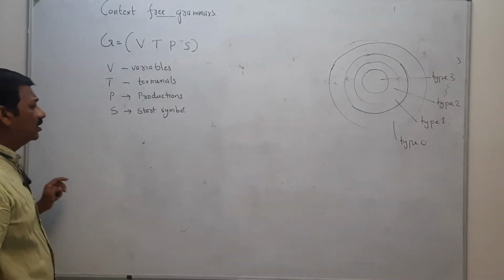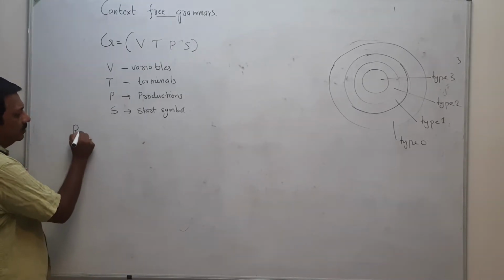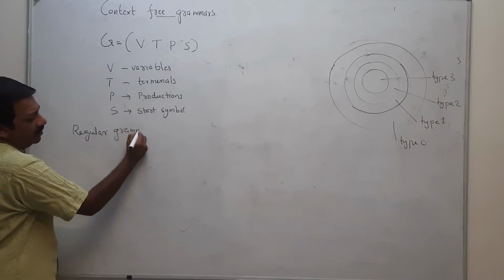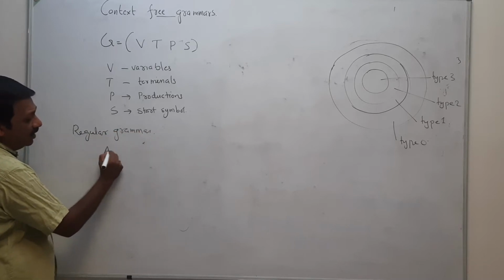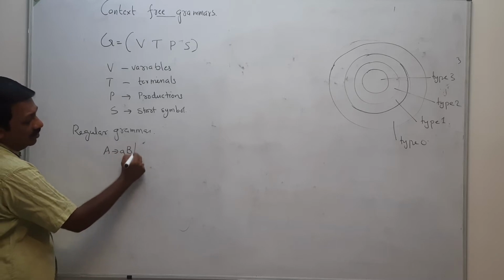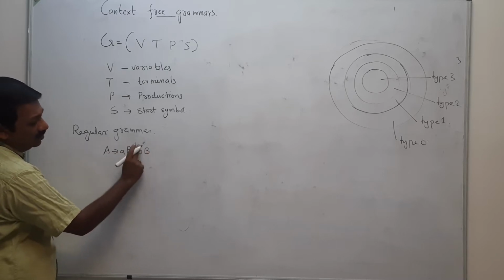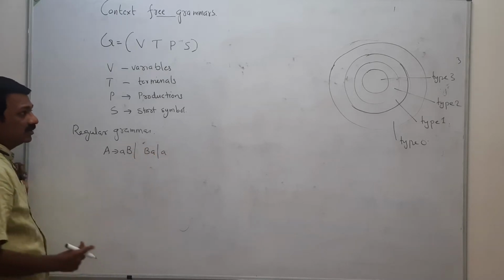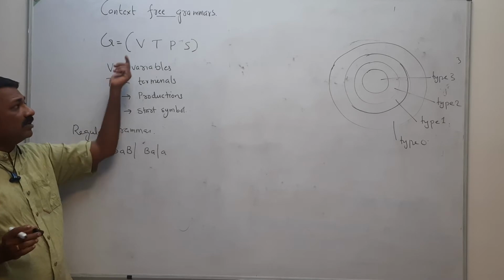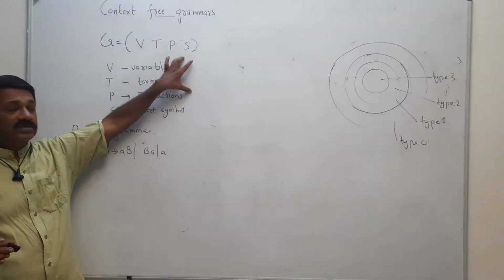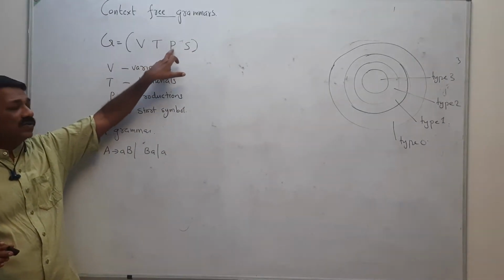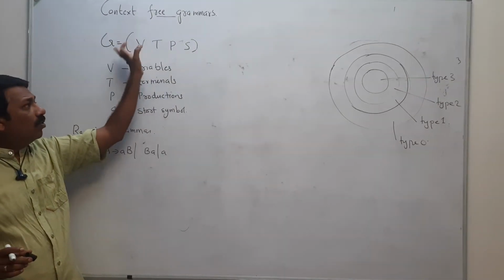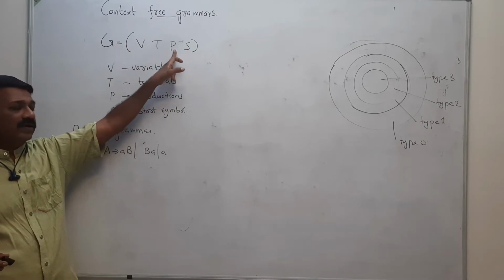And for a regular grammar, the productions are of the form A derives aB, Ba or a. For all these grammars, the difference lies only in the productions; all others are the same.